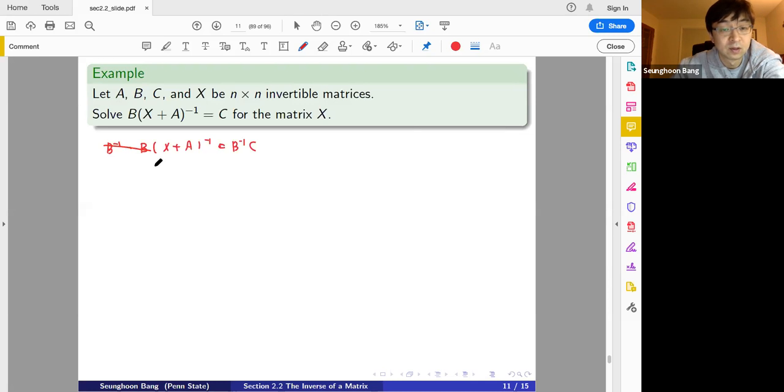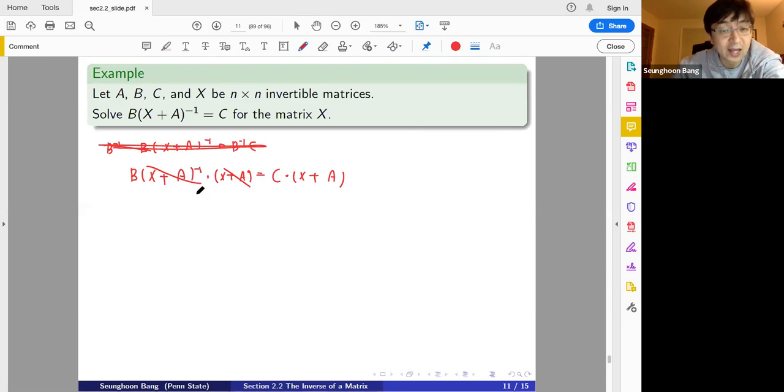Oh, sorry. It is better to eliminate the inverse first. Sorry about that, this is more complicated. Don't use this one. In this case, B times (X plus A) inverse equals C is given. You multiply both sides by X plus A. So what happens?